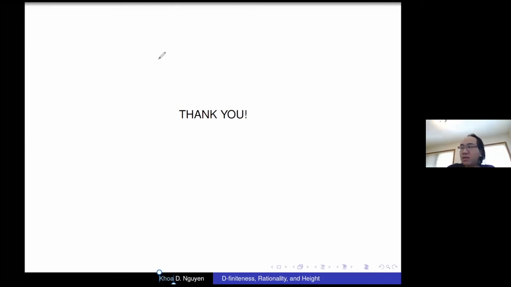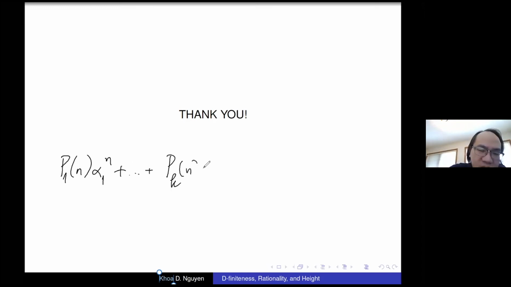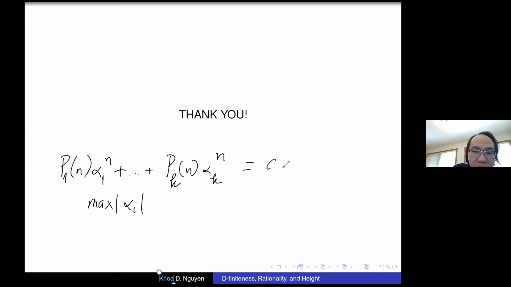For one variable functions, the coefficients are something like b1 n alpha 1 to the n, and so on up to pk and alpha k. So the alpha i are the poles. At least you can get rid of the maximum of the alpha i from the growth of the height of an.